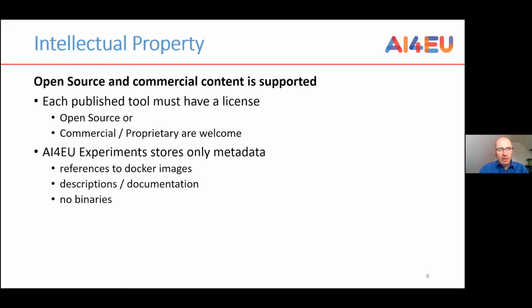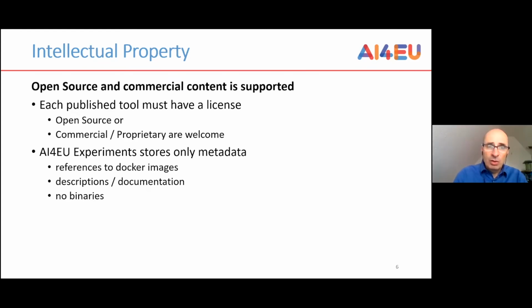And on AI for experiments, we store only metadata. The Docker container is not stored inside AI for experiments. It is only referenced. We save a reference to the Docker image, so the Docker image tag.